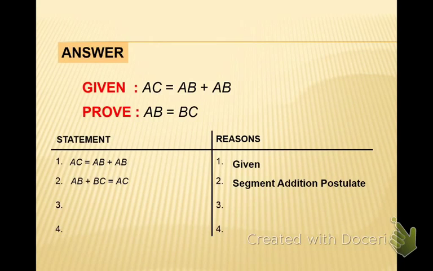They equal each other, right? So you would say AB plus AB equals AB plus BC. That's the transitive property. They both equal the same thing, so they equal each other. Now, how are we going to go from step 3 to step 4? How would I go from this statement to that statement? What would I do?